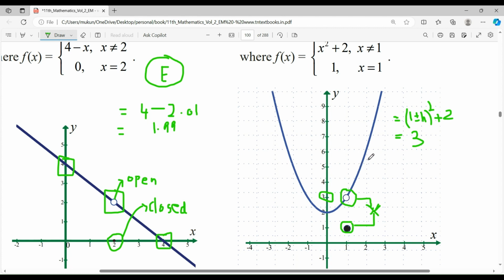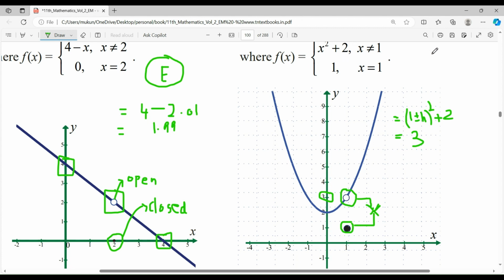So f of 1 plus h, which is a value very close to 1, is equal to 1 minus h, which is again a value very close to 1 but lesser than 1. But it's not equal to f of 1 because the function takes a value 1 at x equals 1, right?